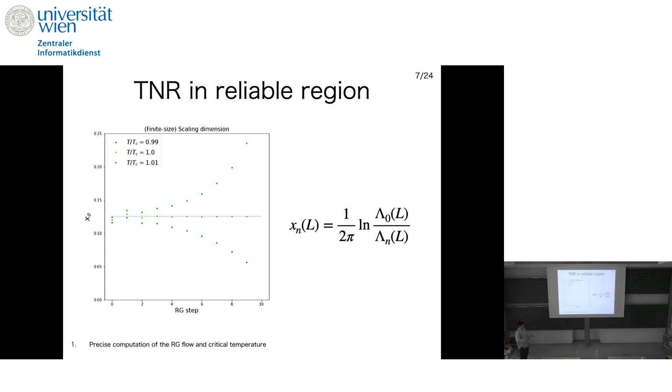Okay, so let me start by defining the finite size scaling dimension. It is straightforward, by just redefining the dependence on L. And here I plot the finite size scaling dimension along with the RG step for the critical temperature, a low temperature and a high temperature of the Ising model for the magnetic operator.